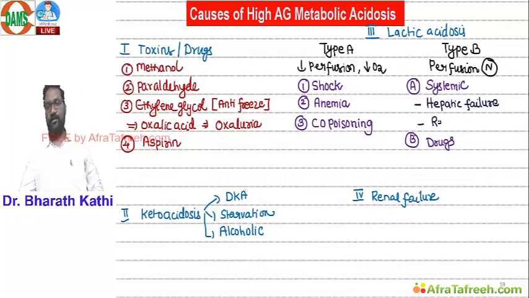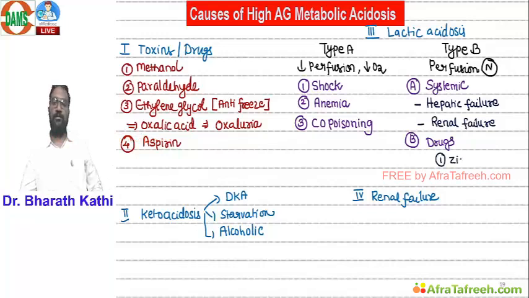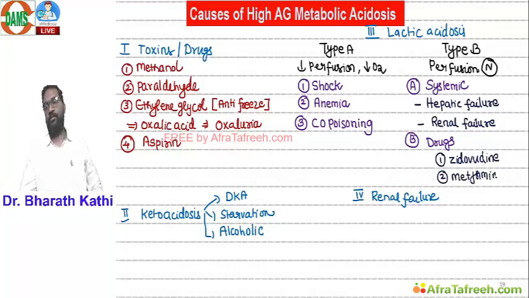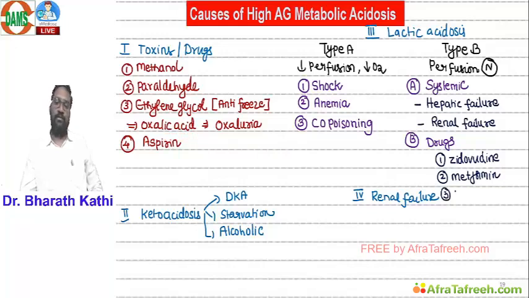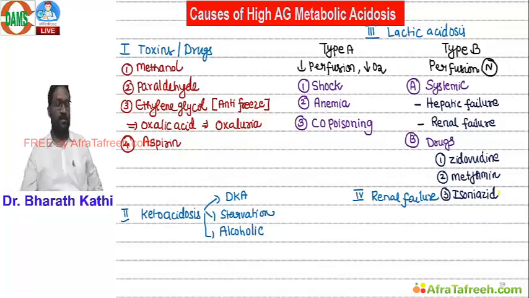Whenever there is renal failure, lactic acid is retained. Drugs such as zidovudine, metformin, and isoniazid. These drugs can involve in the lactic acid pathways indirectly and result in its accumulation.